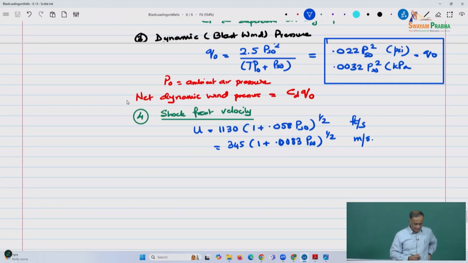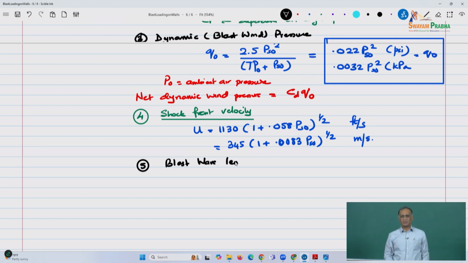So you calculate the shock velocity, and then the question that has been raised just now is the blast wavelength. I think the confusion comes because we are calling it a wavelength. So you might think of it, maybe separate these words in this manner.